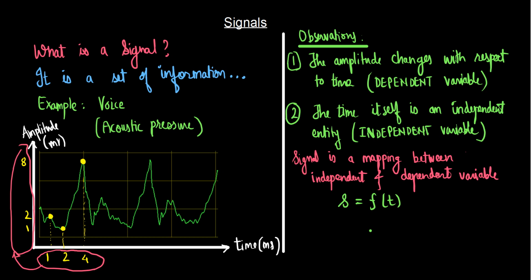What does the S indicate here? The S indicates the signal amplitude, the signal itself. The t indicates the independent variable, time.